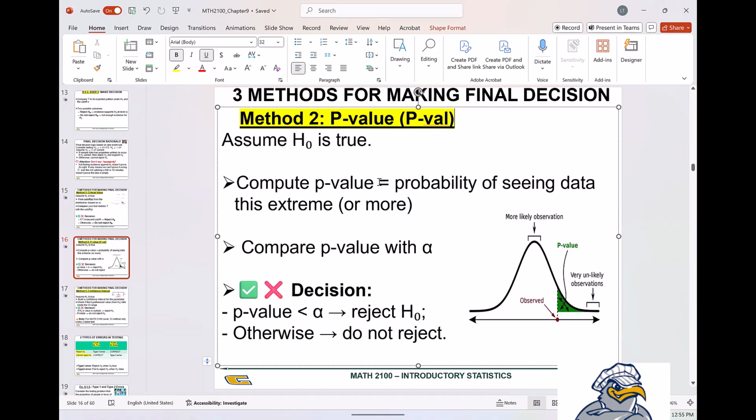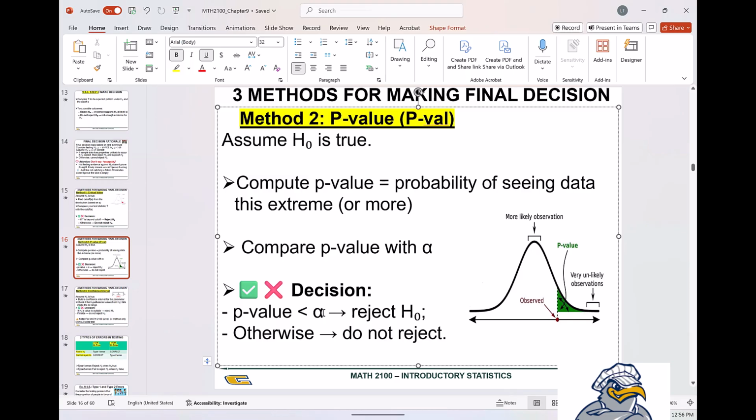Roughly speaking, if H naught is true, how likely am I to get such data, or more extreme? After you get the p-value, you compare it with alpha, because alpha is basically the cutoff we define as extreme. For example, you choose alpha of 5%, and if you get a p-value less than 5%, then you say we get such extreme data and you reject H naught; otherwise, you do not reject H naught.